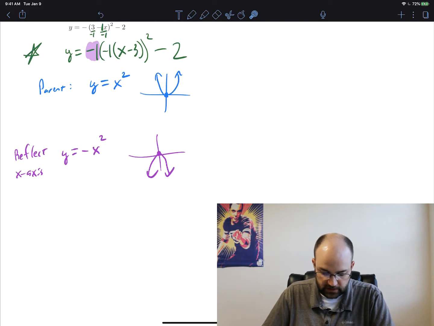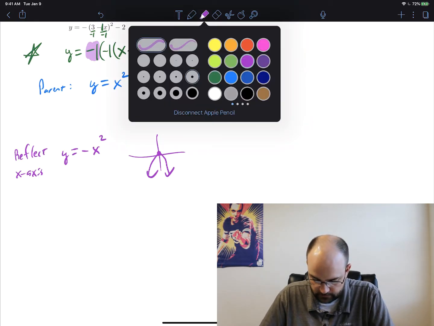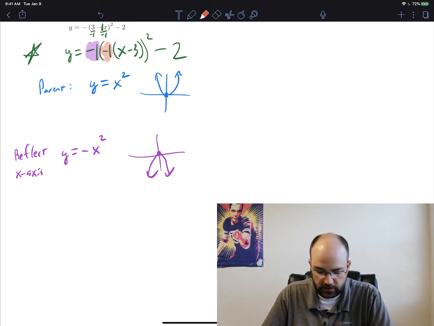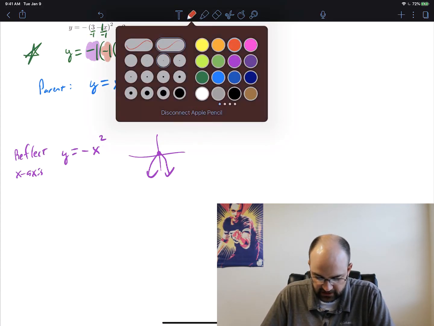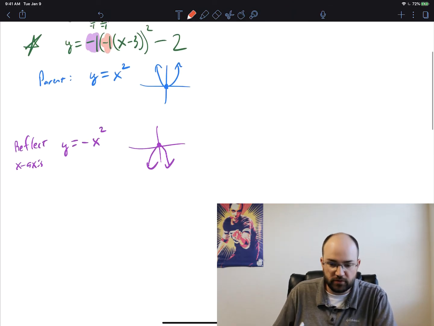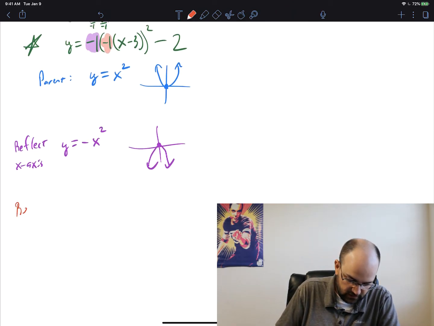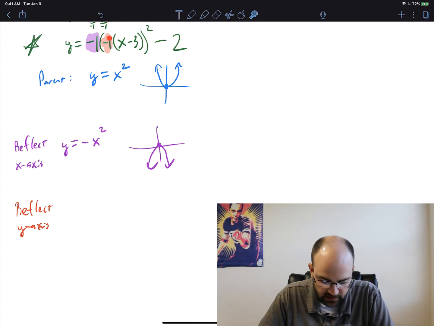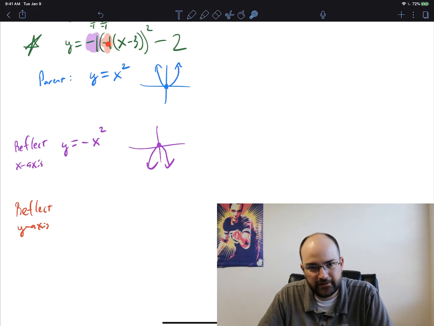Good deal. Let's keep going. This negative 1 is on the inside, and it's negative there because it's multiplying. It's going to be another reflection. Because we've already talked about one reflection, the only other reflection that's left is across the y-axis. The reason that's happening is because it's on the inside.